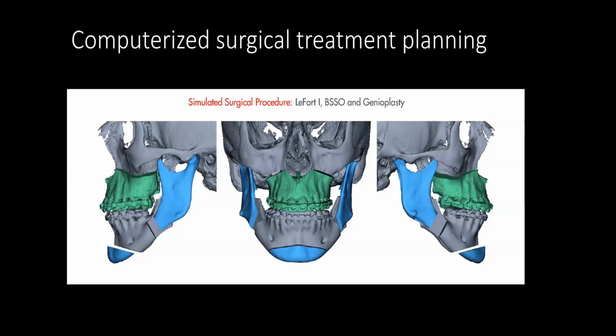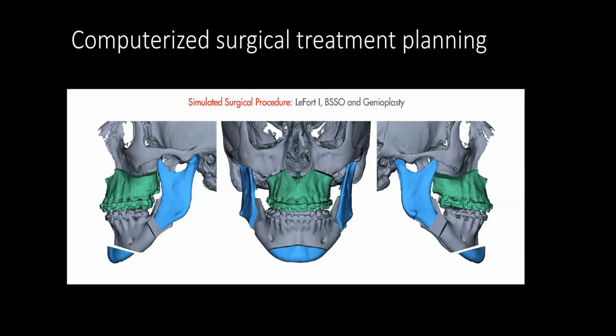For those of you involved in orthodontic surgery, that field has also been revolutionized through computerized surgical treatment planning. We're involved in a lot of orthodontic surgery in our office.